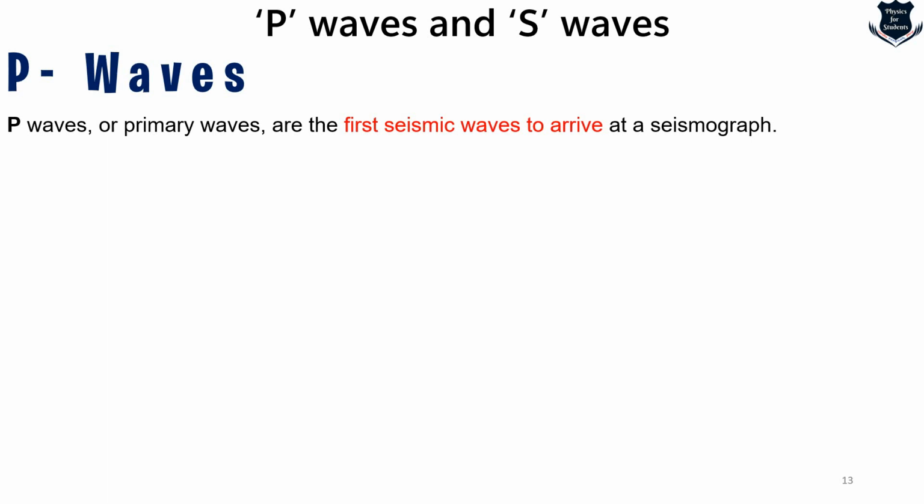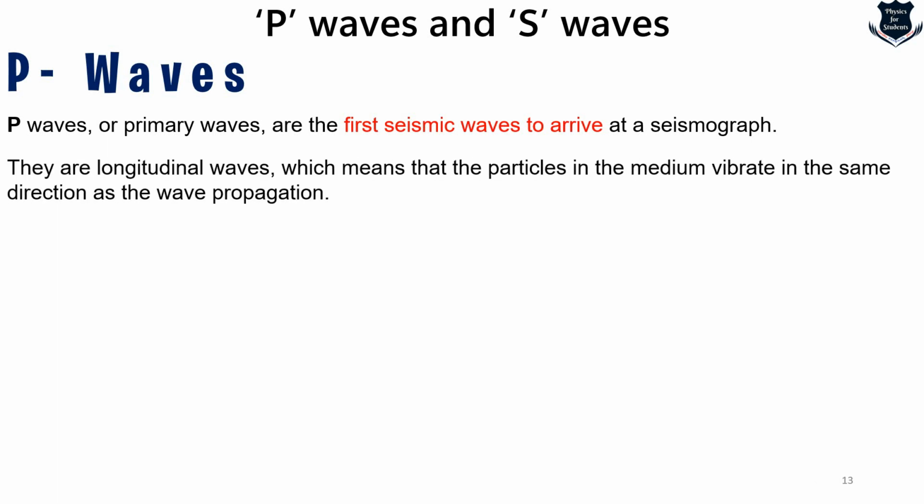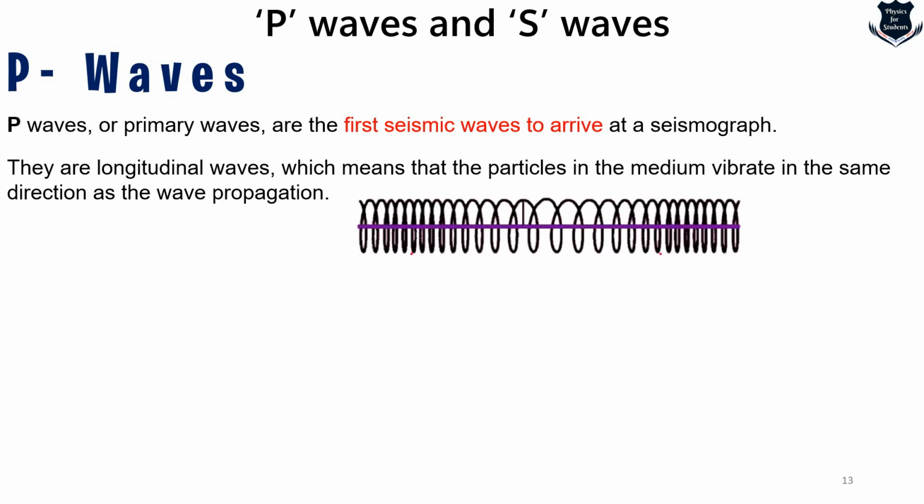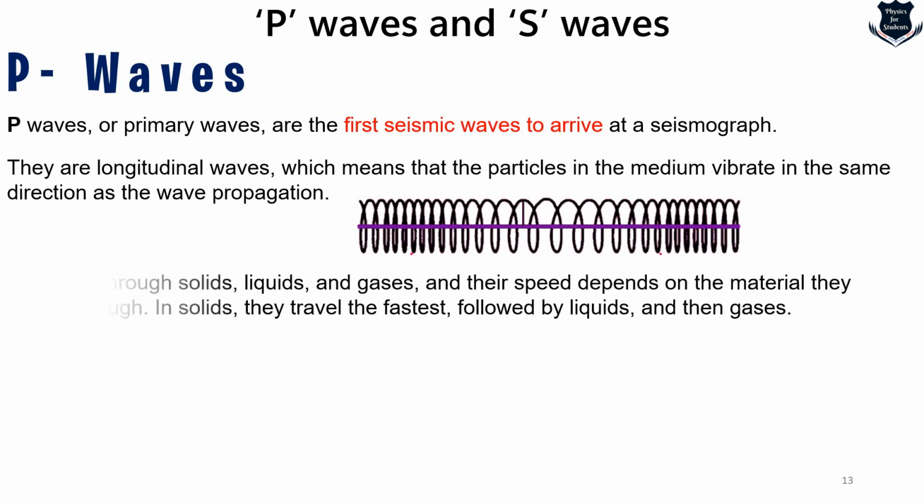P waves, that means the primary waves, are the first seismic waves registered in the seismograph. These are longitudinal waves, which means that the particles traveling through the medium vibrate in the same direction as the wave propagation. You can make it at home with a spring. This is called a longitudinal wave.